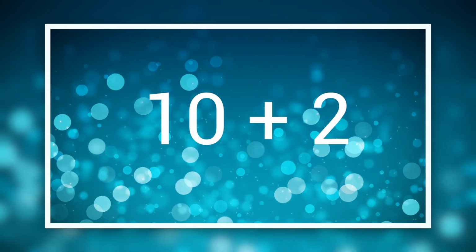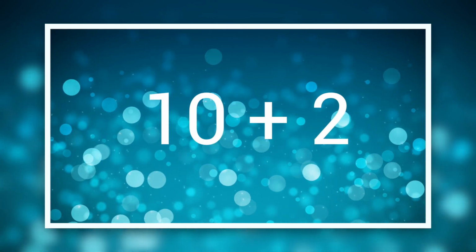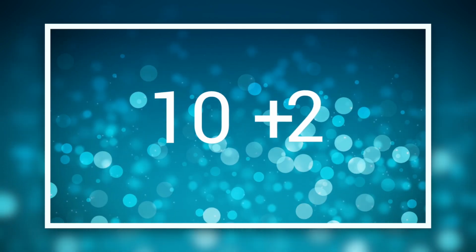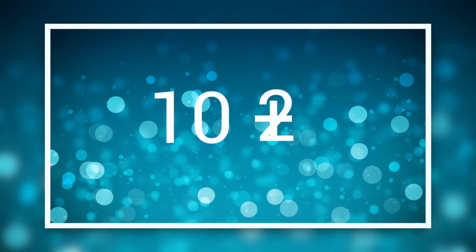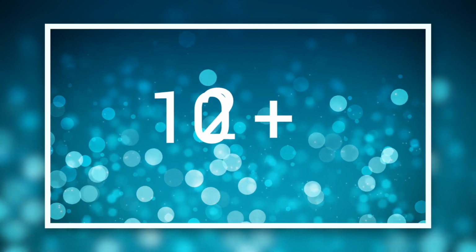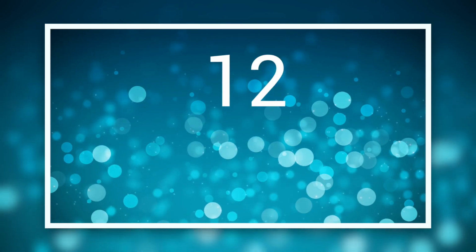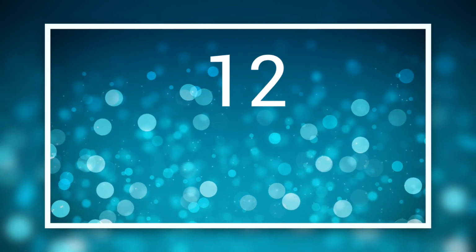First, let's warm up our brains a little bit with this problem. 10 plus 2. Since the number 10 has no ones, we can easily join 2 to make 12. Now let's decompose the number 12.